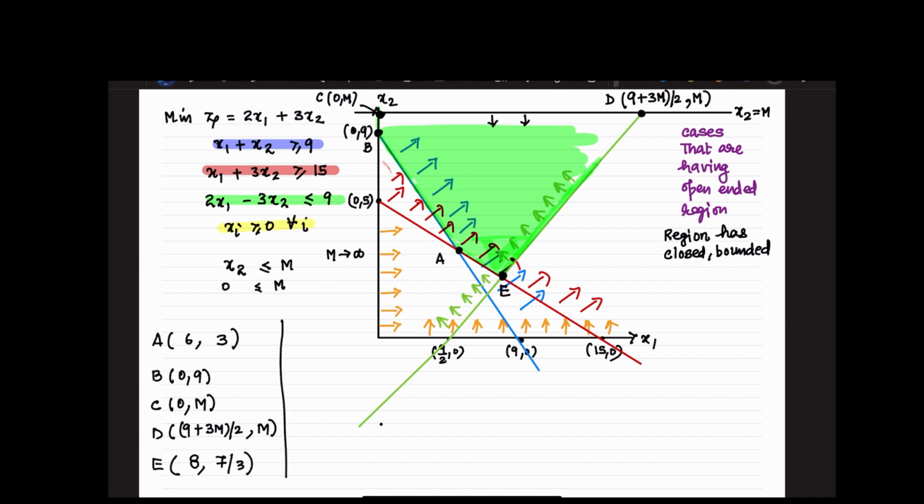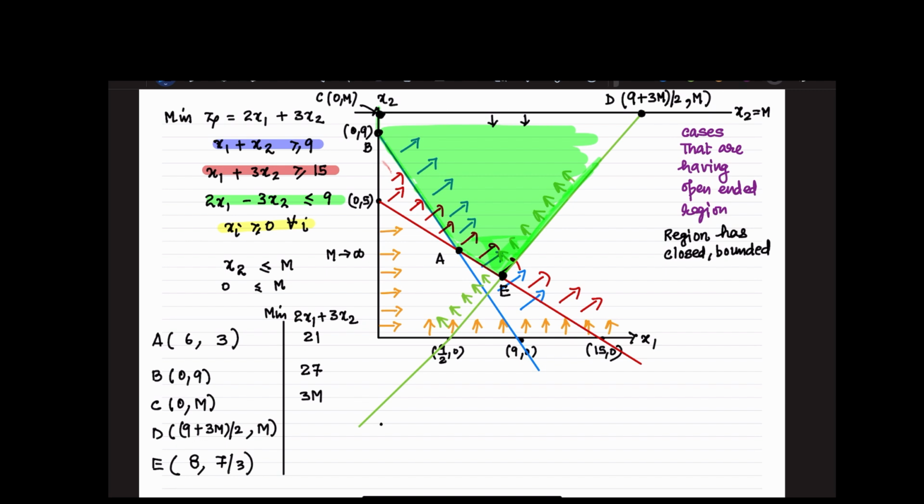Now evaluate your objective. The objective is to minimize twice x1 plus 3x2. So put the value for x1 as 6. 12 plus 9 is 21. 0, 9 is 27. 0, m is 3m.